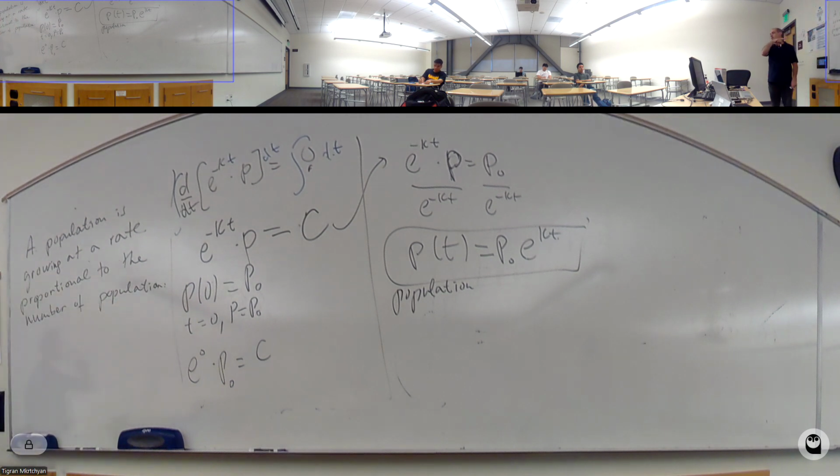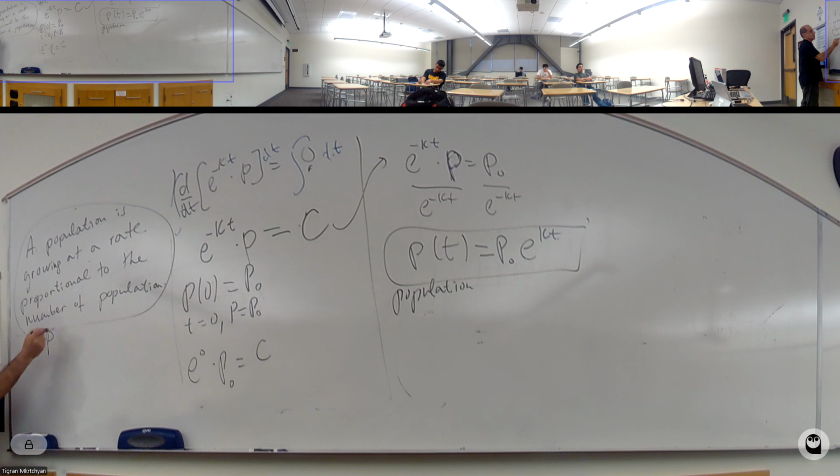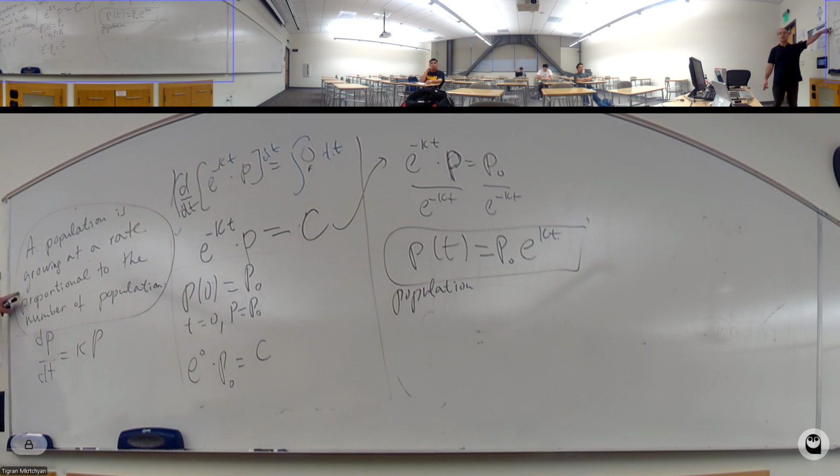Anytime you have that statement, if you call population number P, this changes to this: the change of population equals some number times the population itself. And that's something we already solved. So this sentence means that.